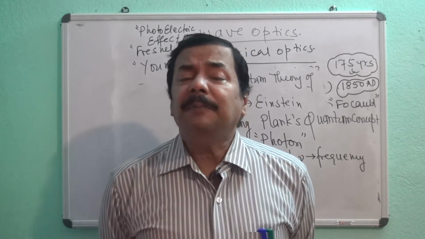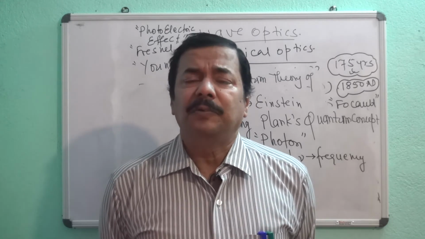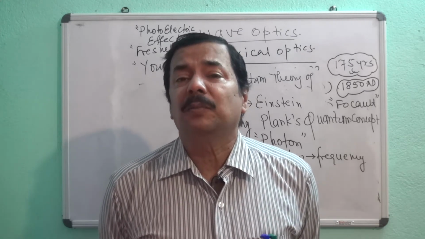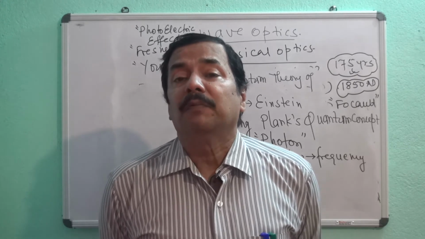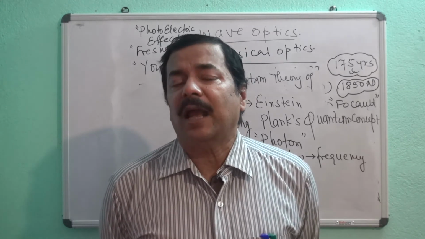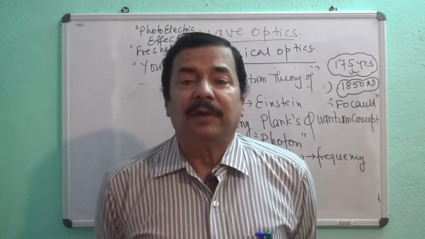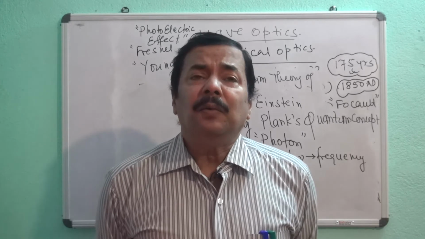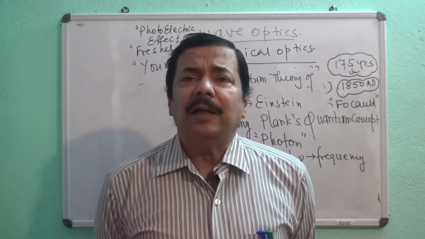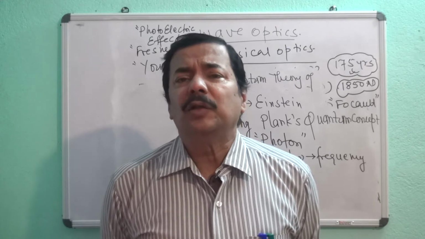At the same time, if the dimension of the object or obstacle is very small, comparable to the wavelength of light, then wave optics comes into the picture, and we study light as a wave. This was the background of the development of theories of light.